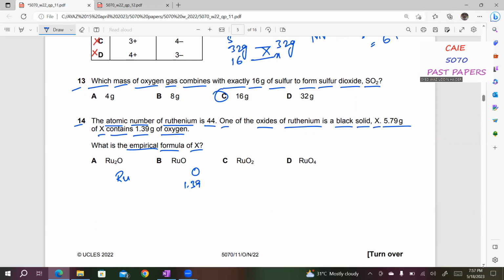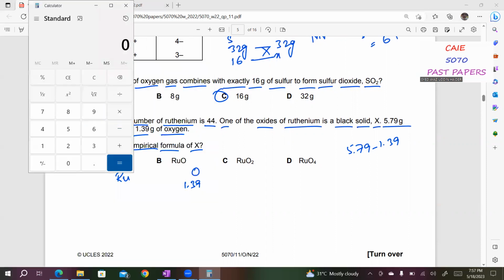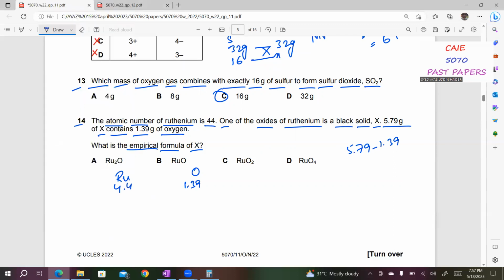So let's calculate the mass of ruthenium first. 5.79 minus 1.39 gives 4.4.